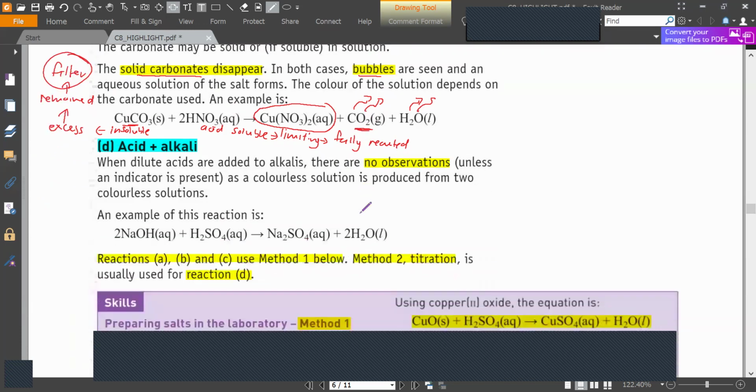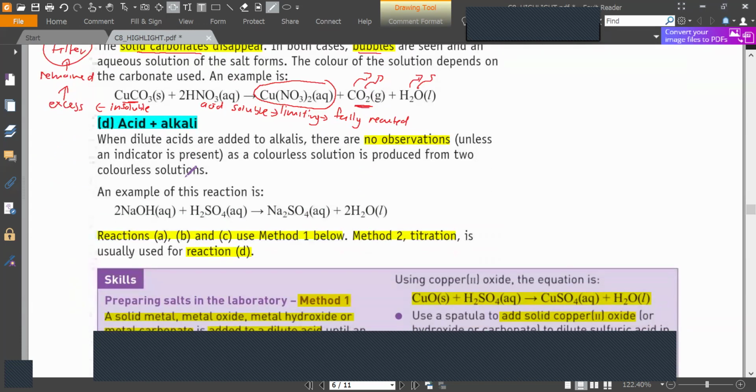Finally, acid and alkali. This one will be titration. The alkali is soluble and the acid is soluble. If both are soluble, in the end we cannot filter to remove the excess reactant. If we put one of them in excess, we cannot filter it because they are soluble in water.